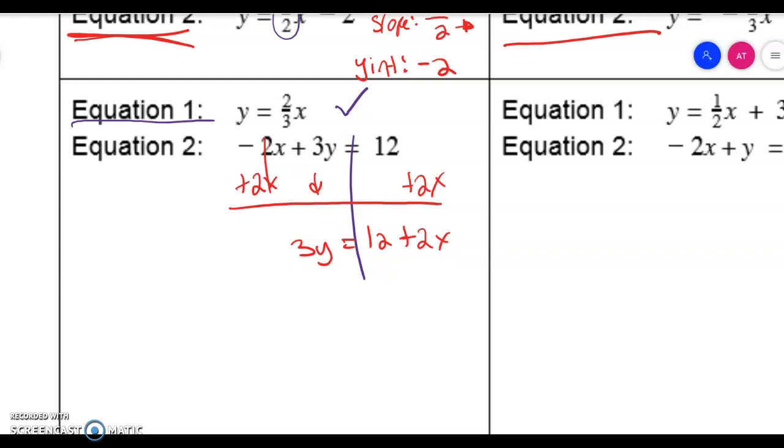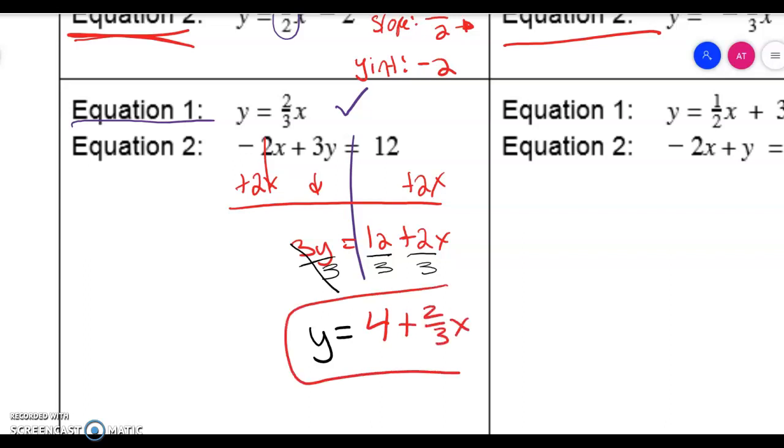Remember, the opposite of multiplication is division, so they're multiplied together. So I'm going to do the opposite, which is to divide everything by 3, and my new equation for equation 2 is going to be 12 divided by 3, which is 4, plus I can't reduce 2 over 3, so I'm going to leave it as 2 over 3x.